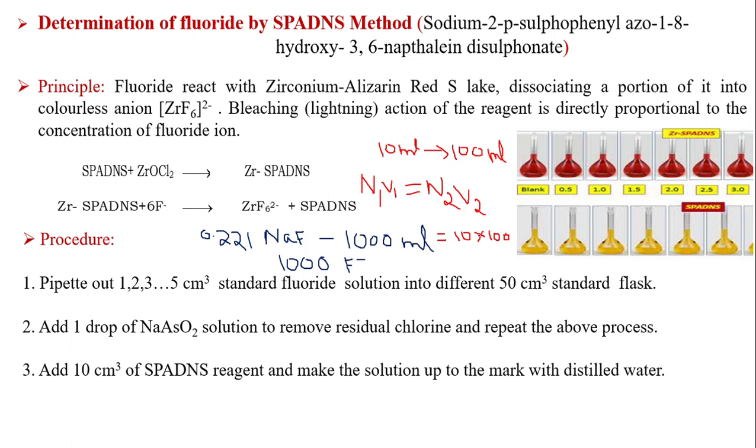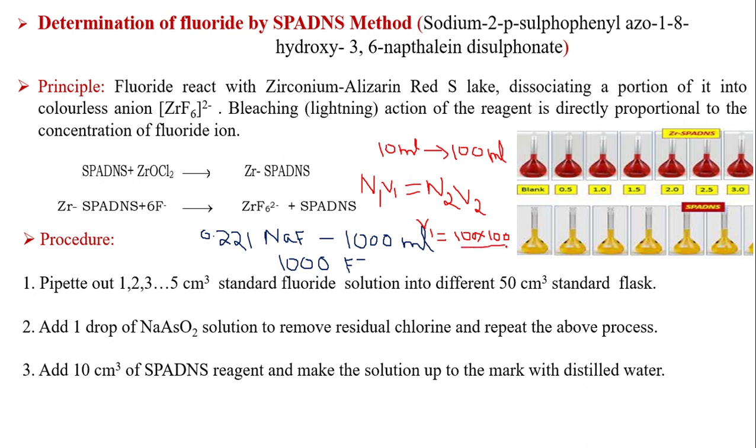Or say I wanted to prepare 100 ml of 100 ppm. Then my needed concentration is 100, so I will take it as 100 strength, 100 ppm, multiplied by V2, the volume of the standard flask you are going to prepare, that is 100 ml. But what is my original stock? My original stock is 1000 ppm. How much quantity I need to take is V1.